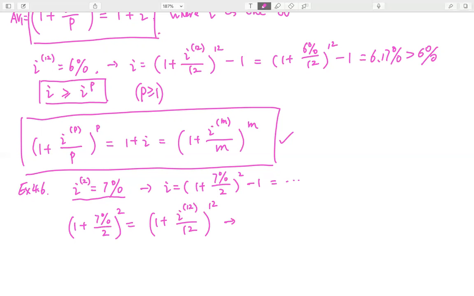We take the 1 over 12 power on both sides. So 2 over 12 is 1 over 6, right? Then you can do the rest. Minus 1 to the left-hand side, you get I upper 12 divided by 12, and then times 12 on both sides, you get the equation.